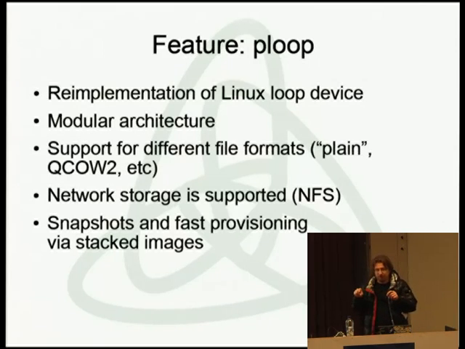So the lower level is read-only, and this is the state of the container file system at the moment that you make the mount. And this feature is not upstream yet, but we hope we'll be able to merge it into the Linux kernel.